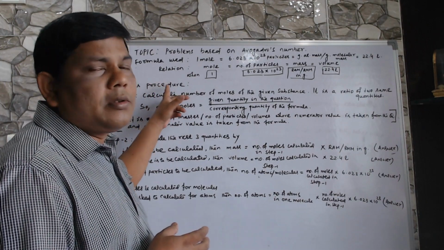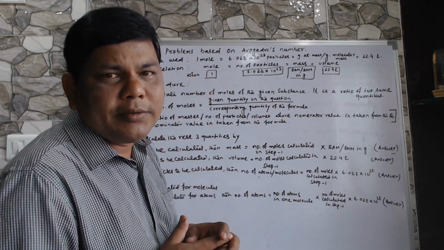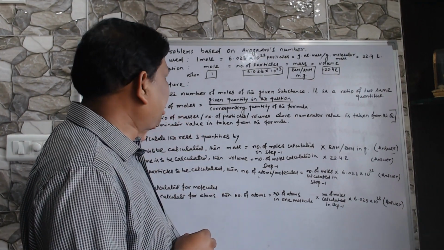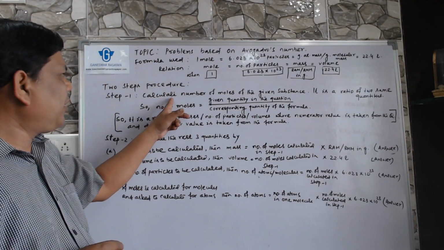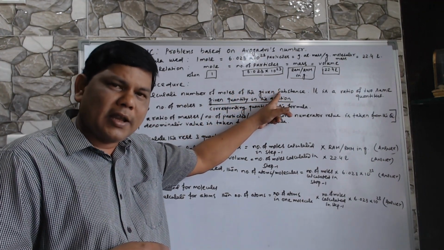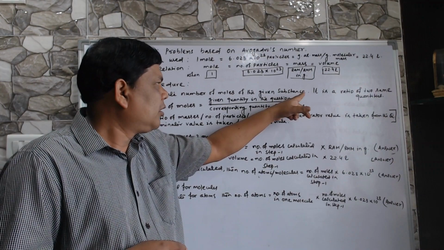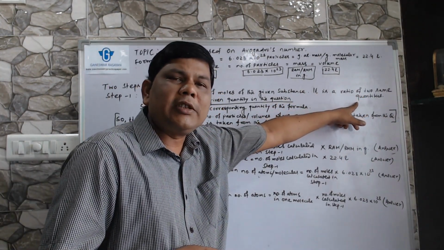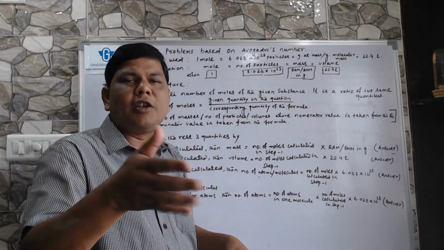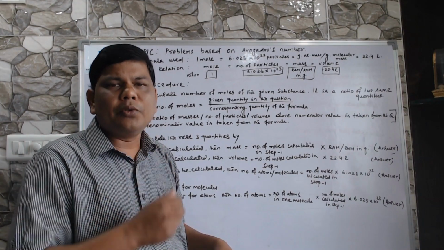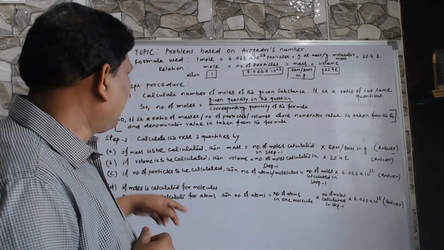So I mentioned it's a 2-step procedure. Step 1 is to calculate the number of moles of the given substance given in the question. It is a ratio of two same quantities, meaning mass by mass, volume by volume, number of particles by number of particles, which gives you the number of moles.